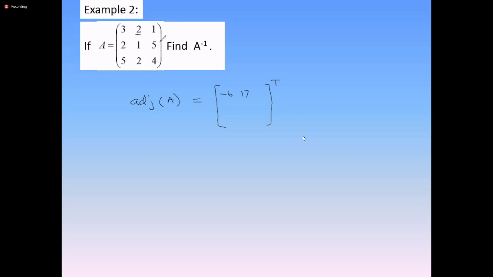Carefully, according to the position, you need to change the sign of some values. Here, according to the 1, what is the cofactor? 2 by 2 minus 1 by 5, 4 minus 5, which is -1. Then go to the second row, first element, 3. Then 2 by 4 is 8, 8 minus 2 is 6.